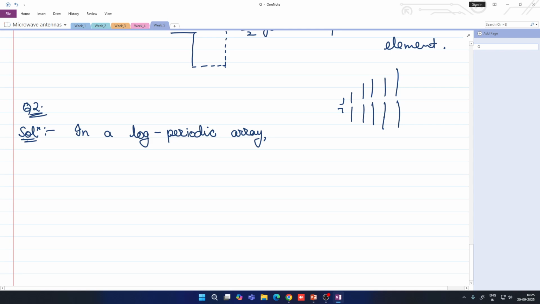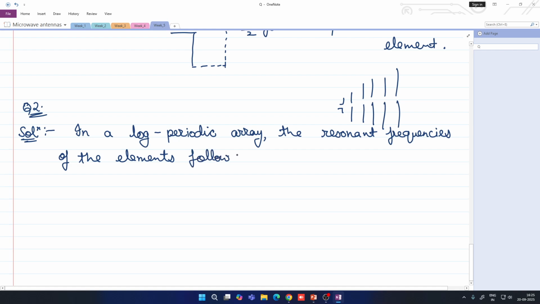In a log periodic array, the resonant frequencies of the elements follow f(n+1) is tau times the previous element fn.